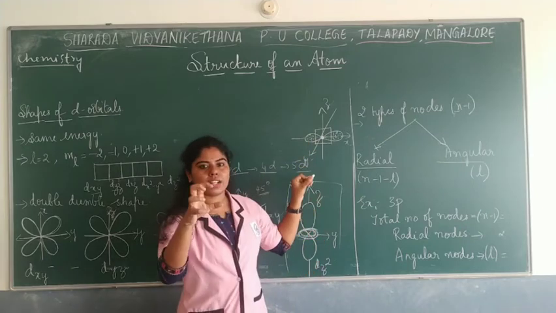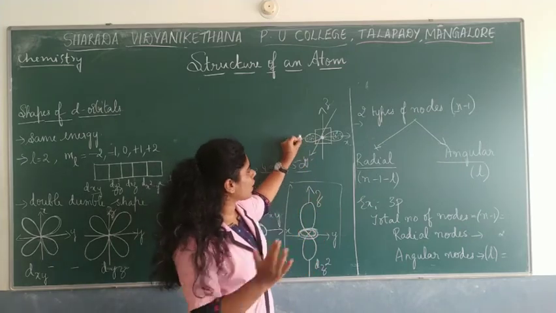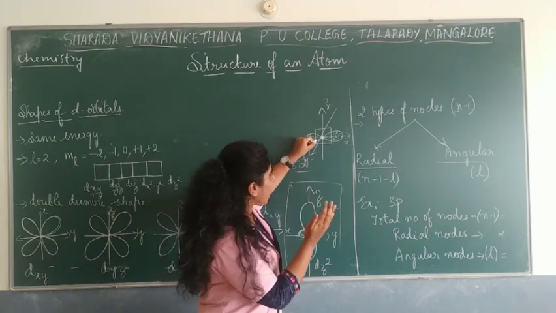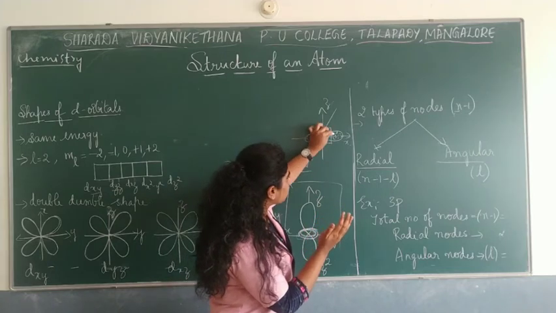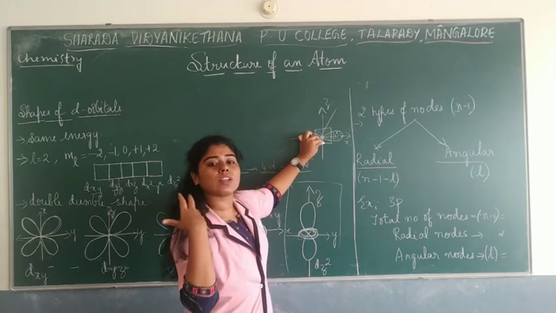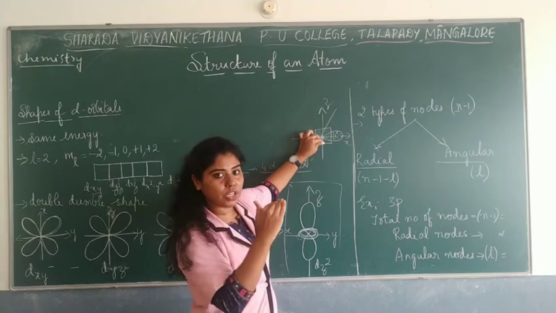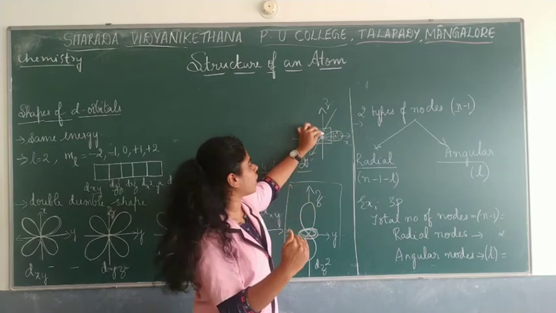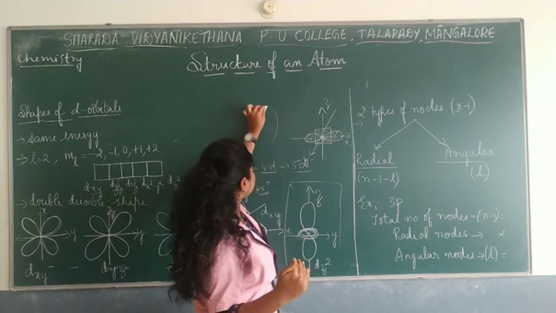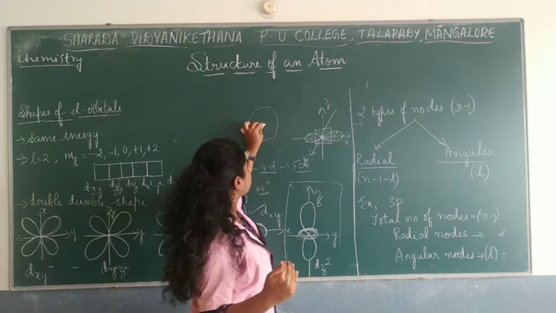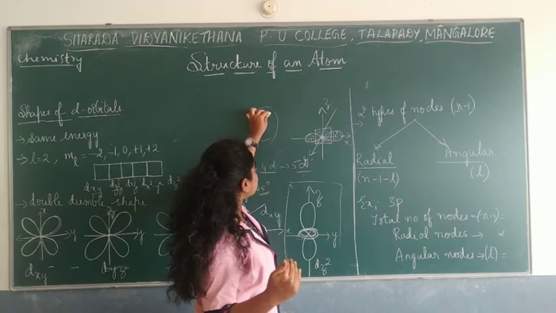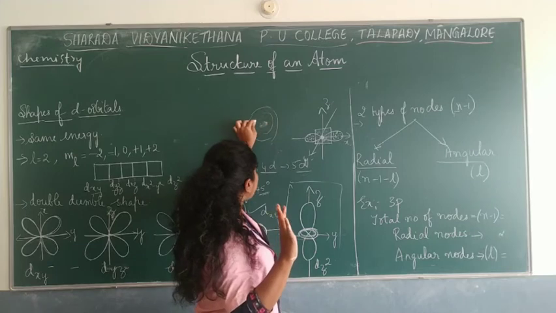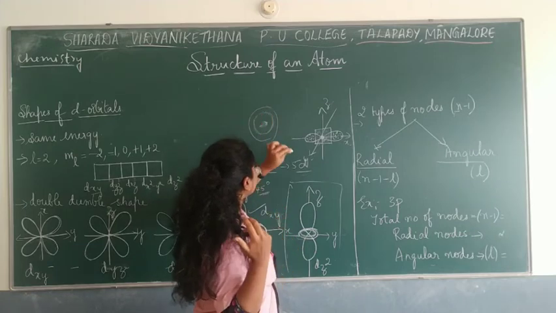So the electron density of finding an electron in d orbital comes towards the end of these lobes. But as you can see here, it covers up a space where there is no probability of finding an electron from the nucleus. Just like the radius, how do you find out? Now if you are talking about the spherical shape, now here you have nucleus, right? So there is, the nodes are the regions where there is no probability of finding an electron.